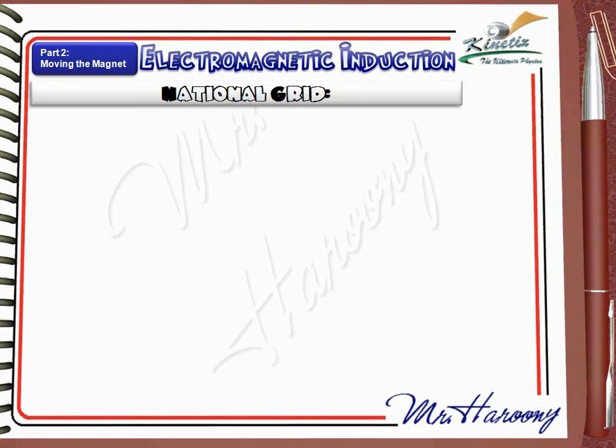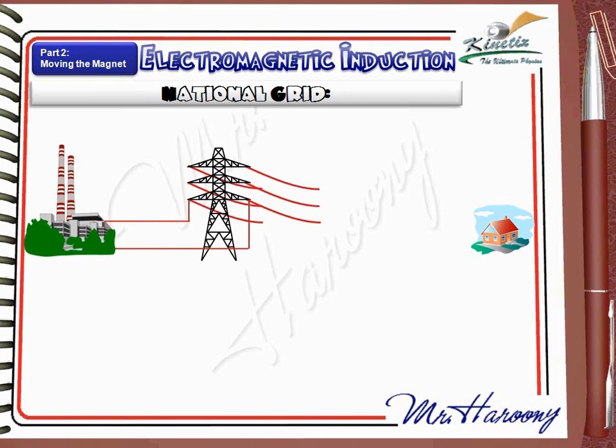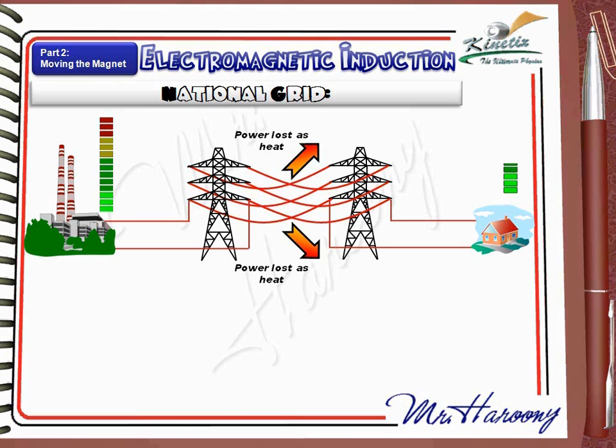To connect between a power station and homes, we need cables so the electric energy produced by the power station can reach the consumers. But direct connection by cables as shown will make some problems. The power produced by the power station will not efficiently reach the consumer. A lot of electric power is lost in the connecting cables as heat.